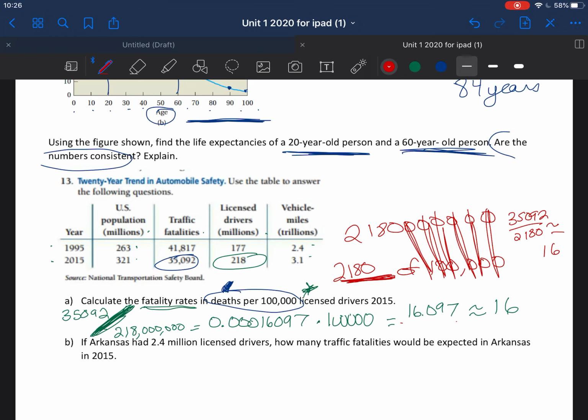So I can either know how many 100,000s or whatever I'm looking per in the bottom, or I can know deaths per licensed driver and then convert to the per so many with multiplication. Now this has a lot more applications, but some people find that a really weird step, so I wanted to show you another option if you felt that way. Next, this is also an explanation of why we don't do fatality rates per person and why we don't necessarily leave it this way.